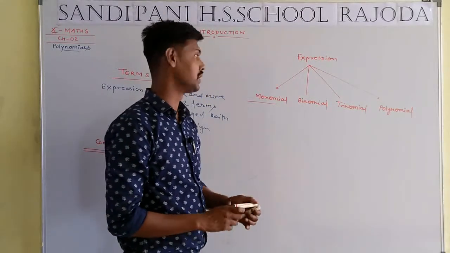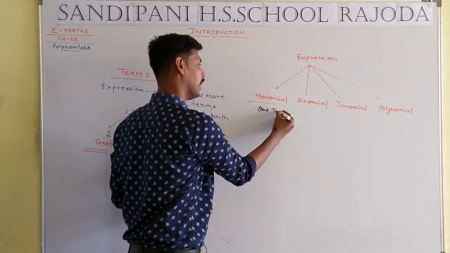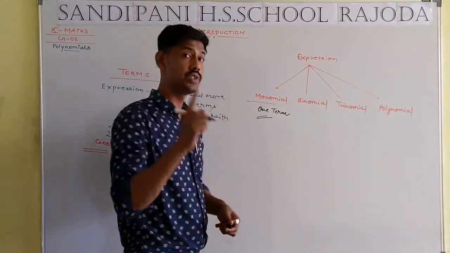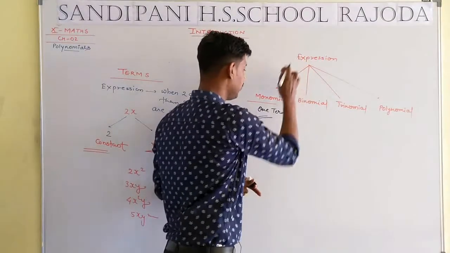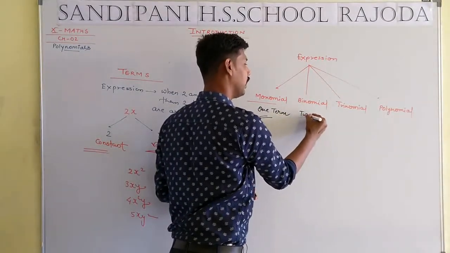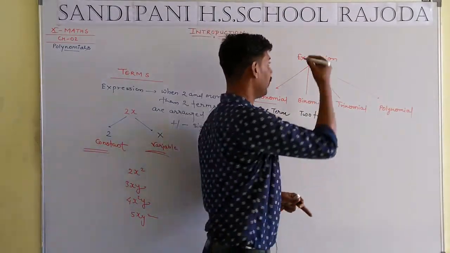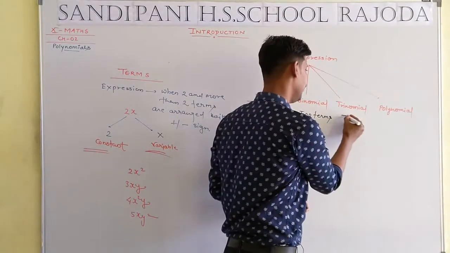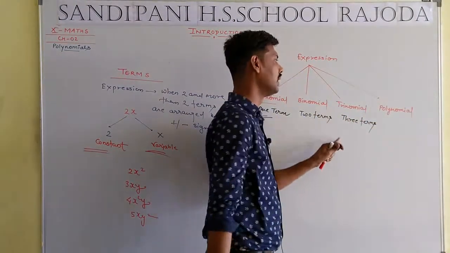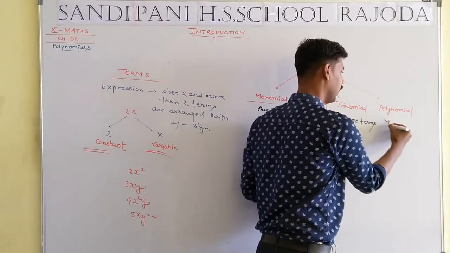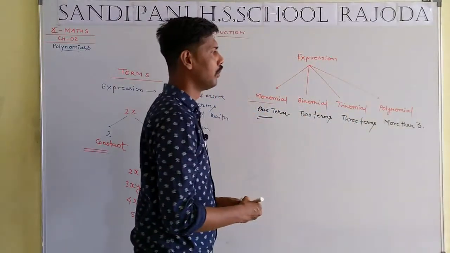When the expression consists of a single term, one term, it is known as a monomial. When an expression consists of two terms, it is known as a binomial. When the expression consists of three terms, it is known as a trinomial, and more than three terms is known as a polynomial.